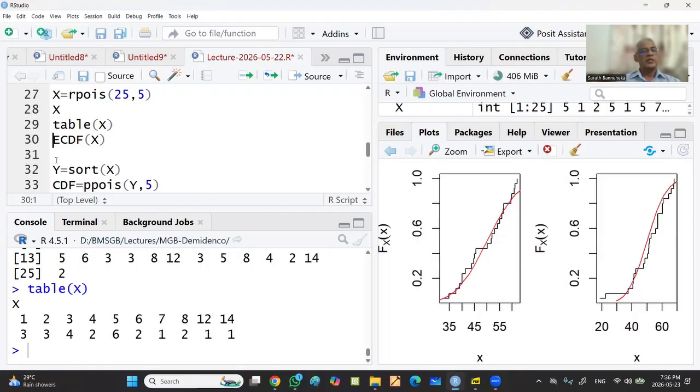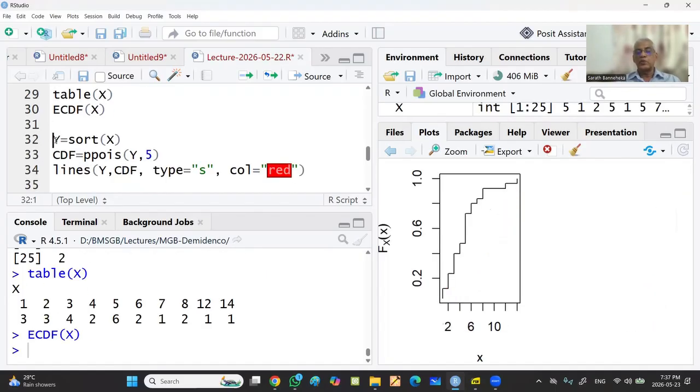So let's draw that. These are the x values, the table. I will draw the empirical cumulative distribution function. In that case, you can see that at 1, it was going up first. At the first value, the empirical cumulative distribution function is 1 over 25.